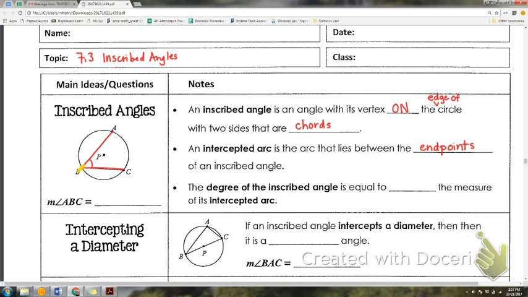And we would call the intercepted arc this right here from A to C. This is considered the intercepted arc because it's in between the endpoints of the angle. And this angle right here is the inscribed angle.